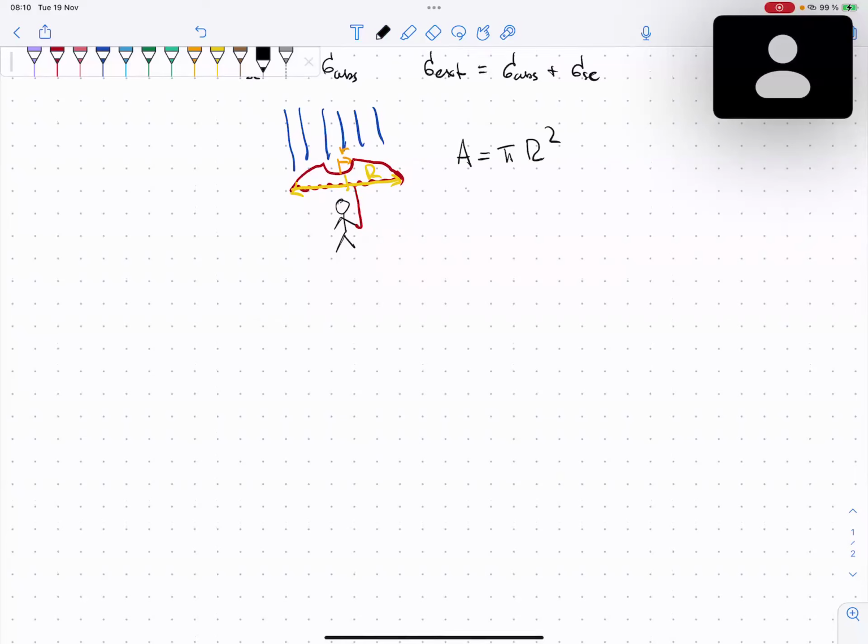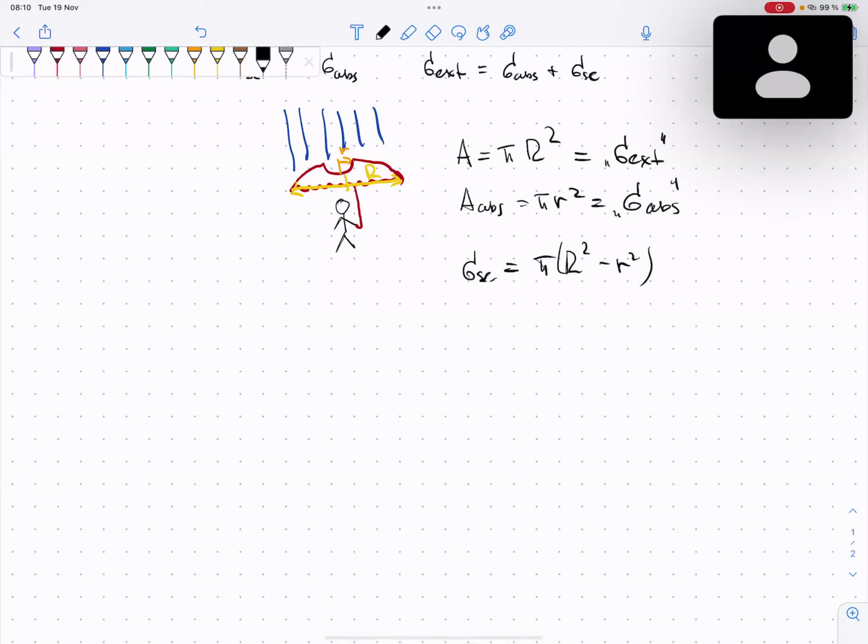The area of the absorbing part, the small hole, will be πr squared, and this will be our absorption cross section. The extinction cross section is the total area πR squared, and therefore the scattering cross section will be π(R big squared minus r small squared). It's just a hand-waving analogy.